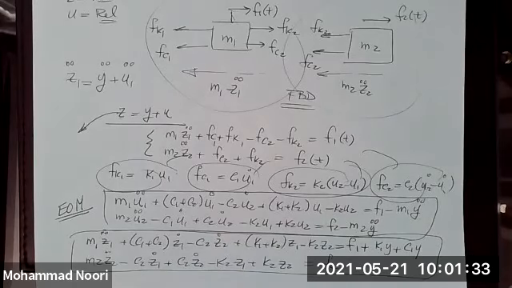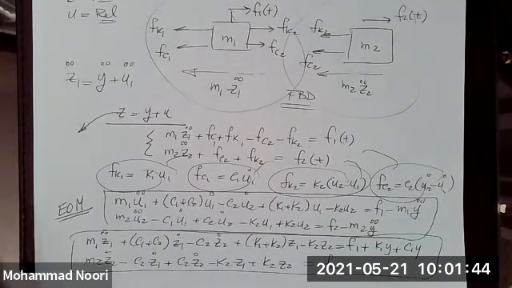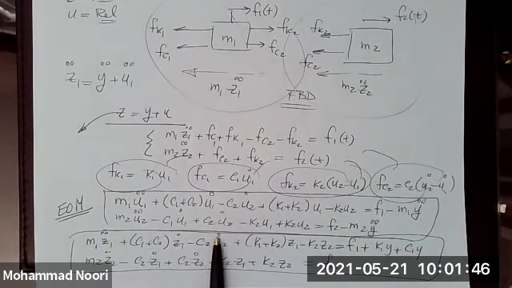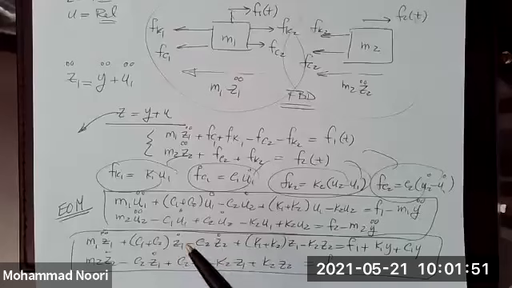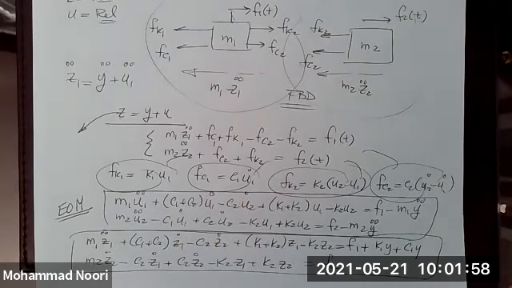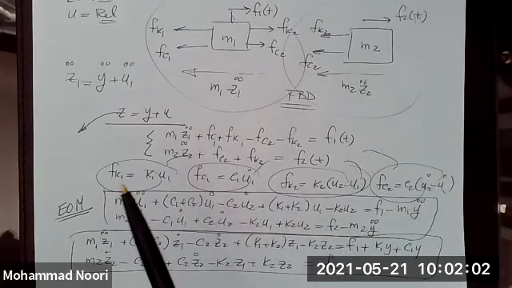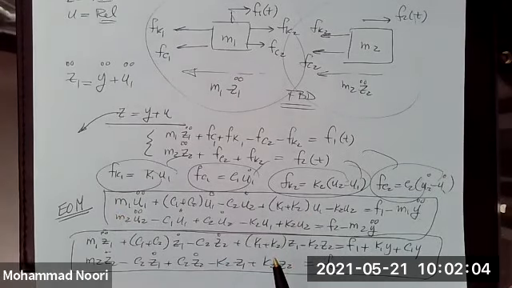We won't see it actually until a few weeks from now when we introduce the concept of modal coordinates. Because the only way you can solve these equations and find U1 and U2 is to transfer these two equations into a different coordinate system. Your coordinate system now consists of U1 and U2.